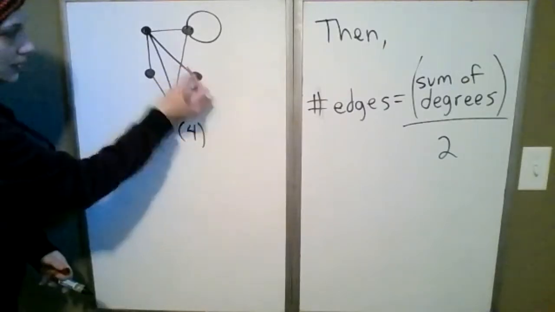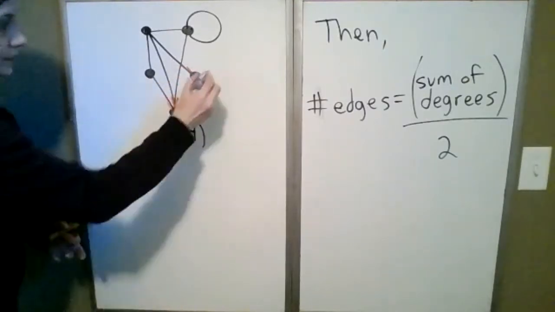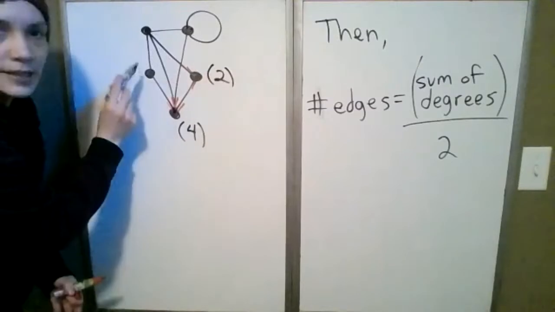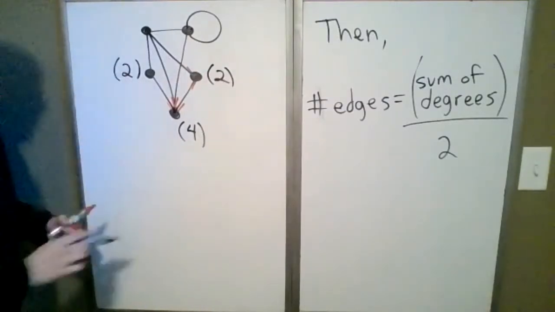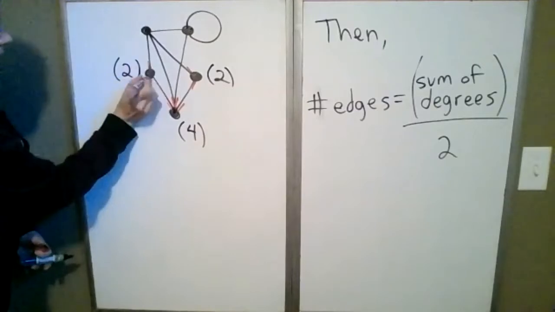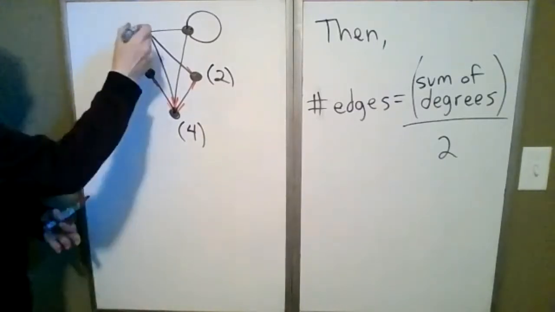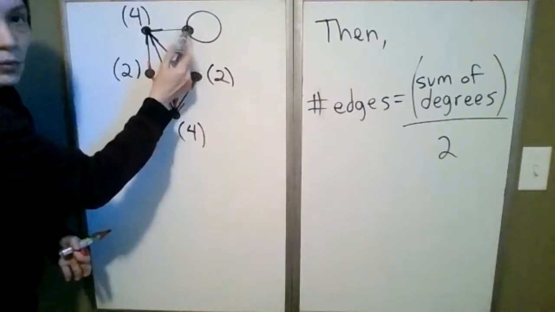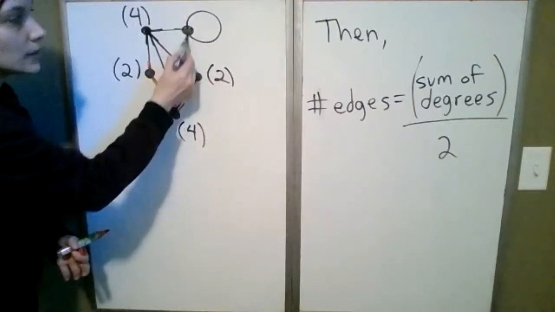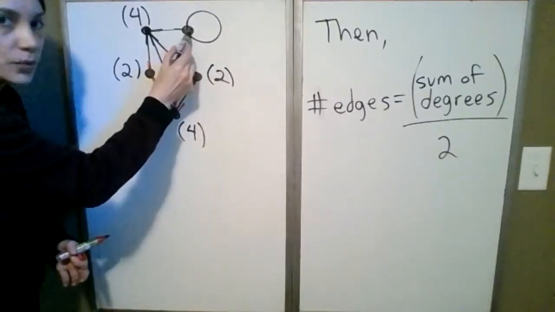This would be 2 times, or degree 2. Same here, degree of 2. Okay. 1, 2, 3, 4, degree 4. 1, 2, and the loop gives 2 more. So this is 4.